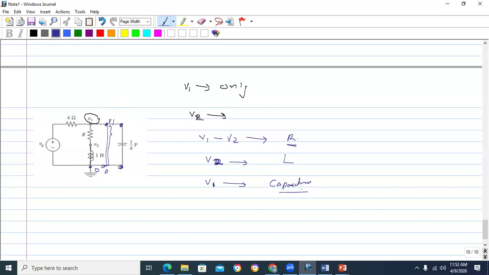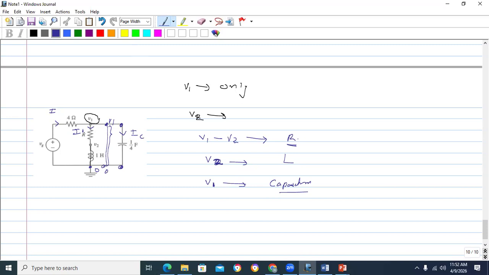So I think now you can write some equations. You can see that the current will be flowing here. One current is flowing through this branch, let's say I1, and another current is flowing through this branch, let's say IC, because that is the current flowing through the capacitor.